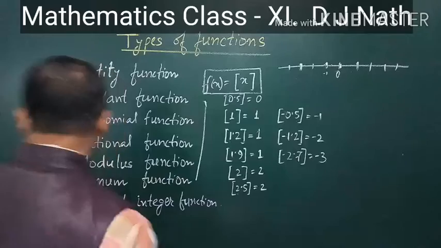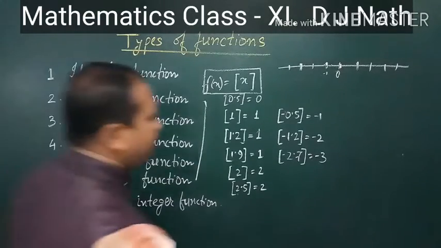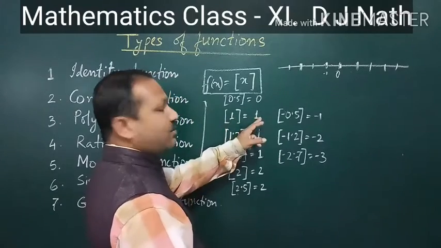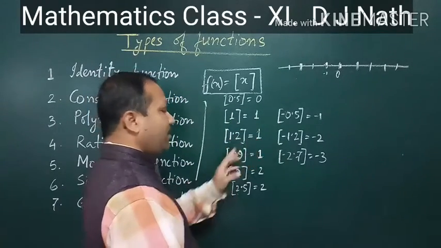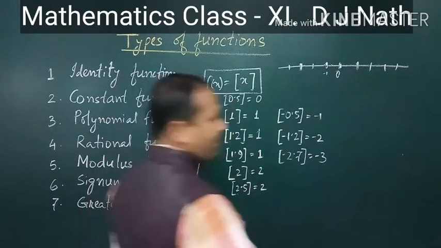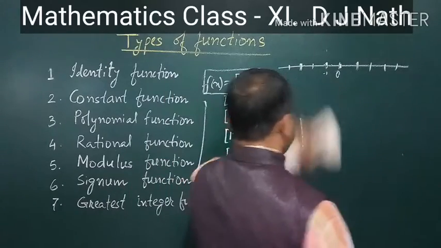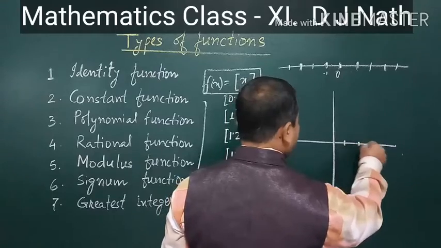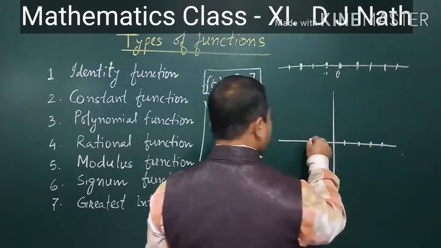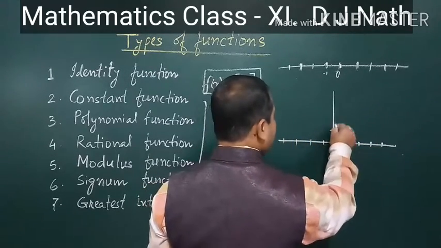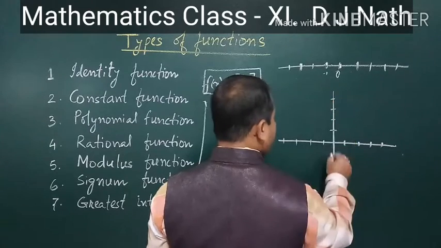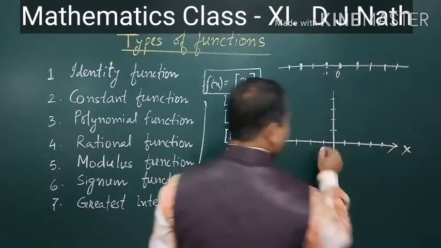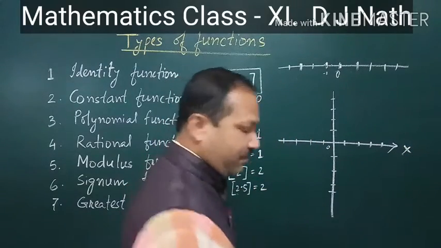If we draw the graph of this, you will see how it happens. If it is 1, it is 1. If it is 1.2, it is 1. 1.9 also gives 1. How will the graph be?